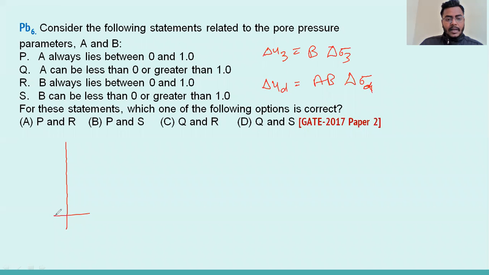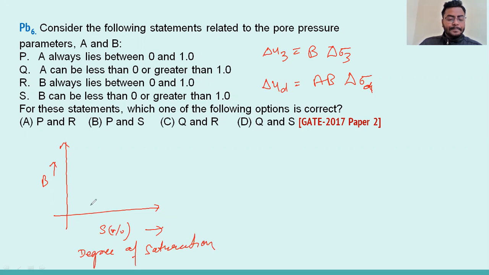So I'm writing the graph for B: variation of B in the vertical direction, and in the horizontal direction S, where S is the degree of saturation. We'll see the graph like this.